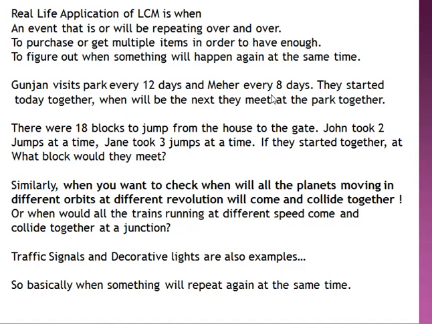So in that case, the cycle will be such that they can meet together once again. We can find this out through LCM, on which number of day they can meet together.